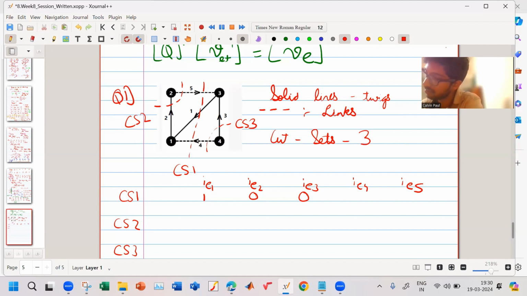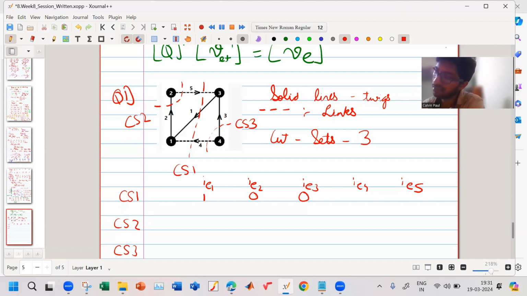So that depends on the direction of the current. If the current is coming from 3 to 1, we took that as positive, since it is coming into that cut set. Here from 4 to 1 it is coming, so it is coming into the cut set. Right? Okay.